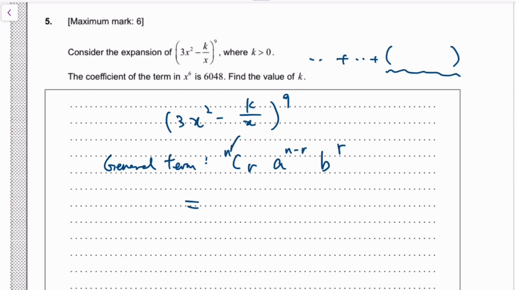So we know n is the power of your expansion. r is just r, we'll deal with that later. a is the first thing in the expansion. b is the second thing in the expansion, except if there is a negative, the negative goes to b as well.